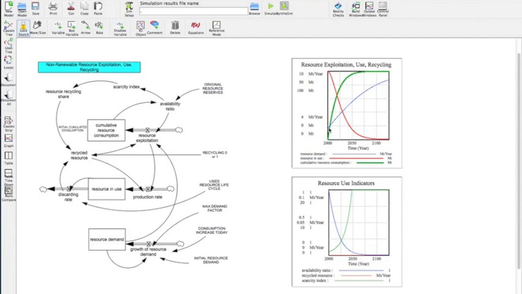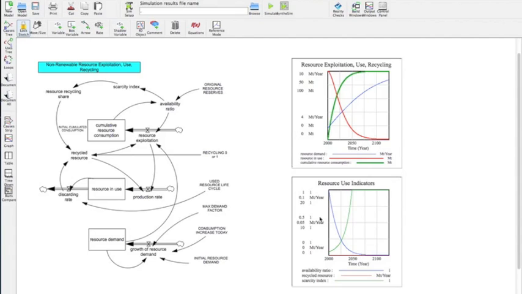Your resource demand goes up and continues to go up, but you sort of top out your resources much faster, and of course this is almost like a collapse scenario that occurs very quickly, and you can see that same here in the use indicators. The scarcity index goes to 20 very quickly, which is the maximum, and then the availability ratio drops faster. So here, no recycling is not a good option for sustainability.